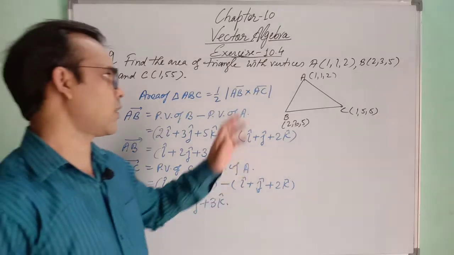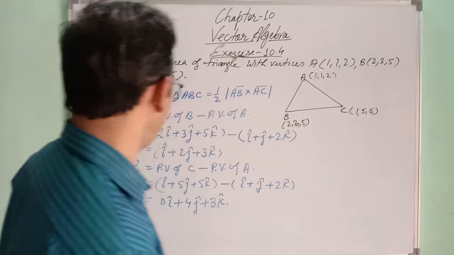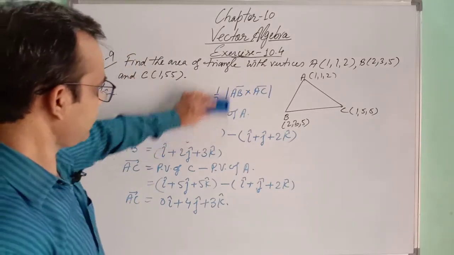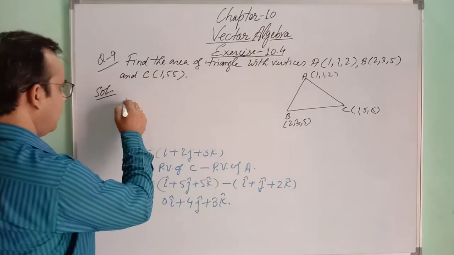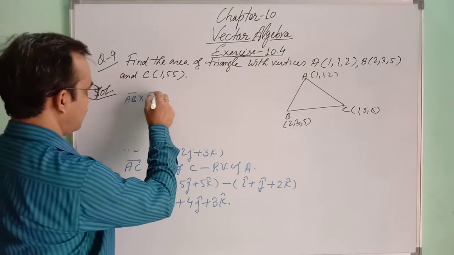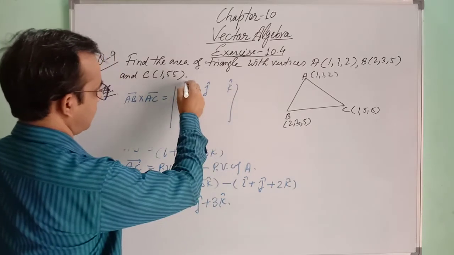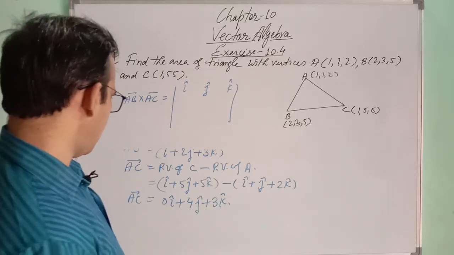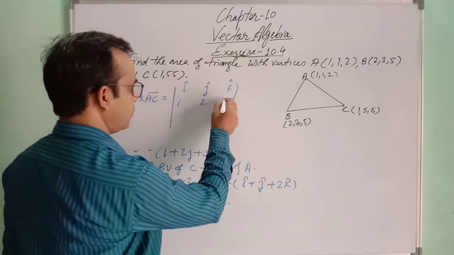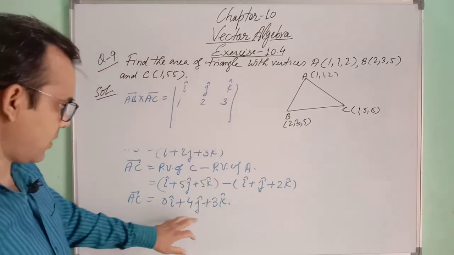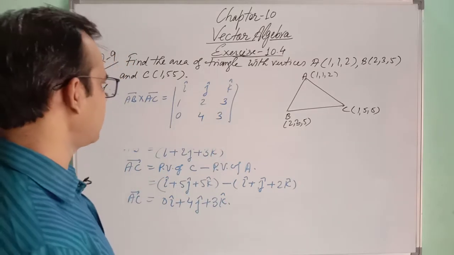Now we have to get the cross product of AB and AC. AB cross AC equal to the determinant with i cap, j cap, k cap, and in the first row the AB scalars 1, 2 and 3, and in AC vector the scalars are 0, 4, 3. You know it very well how to get the cross product of two vectors.